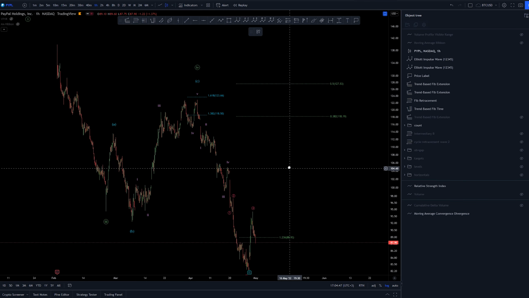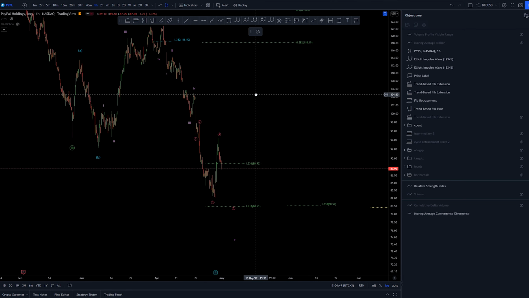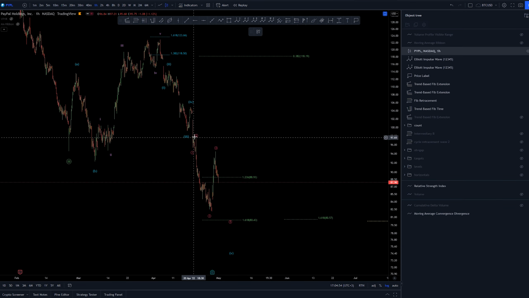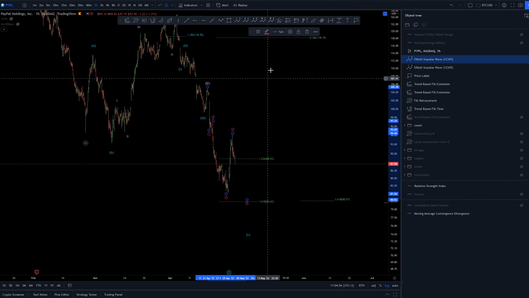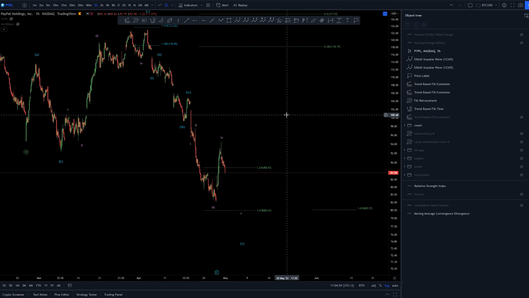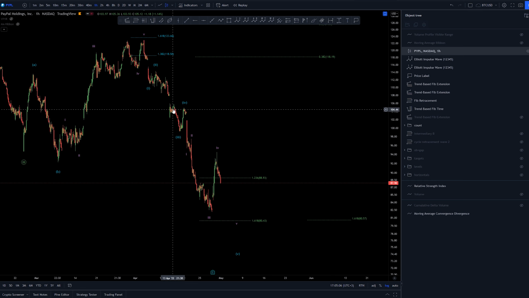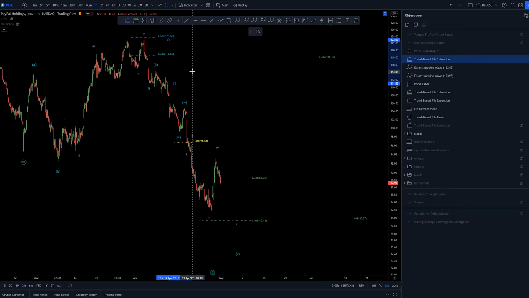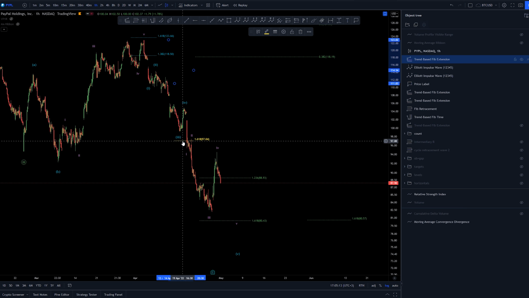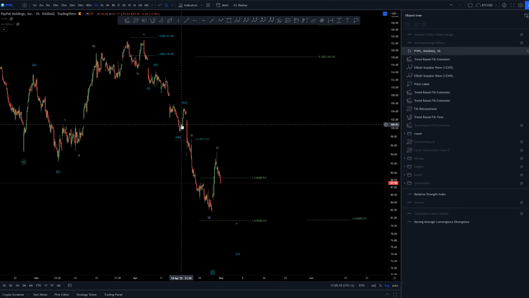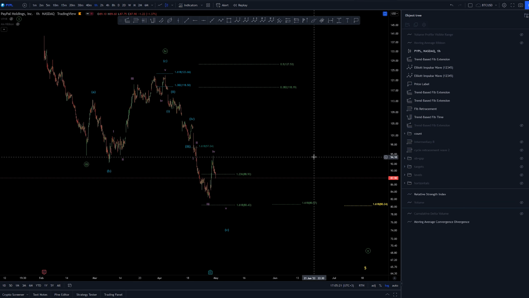Maybe this is micro, I think. No, sorry, this is a minuet, and this would be sub-minuet. Yeah, this looks pretty good. The only thing again I don't like is the extension for the third wave, but it doesn't need to come to the 1.618. It is just a target after all. So I still think this is valid.